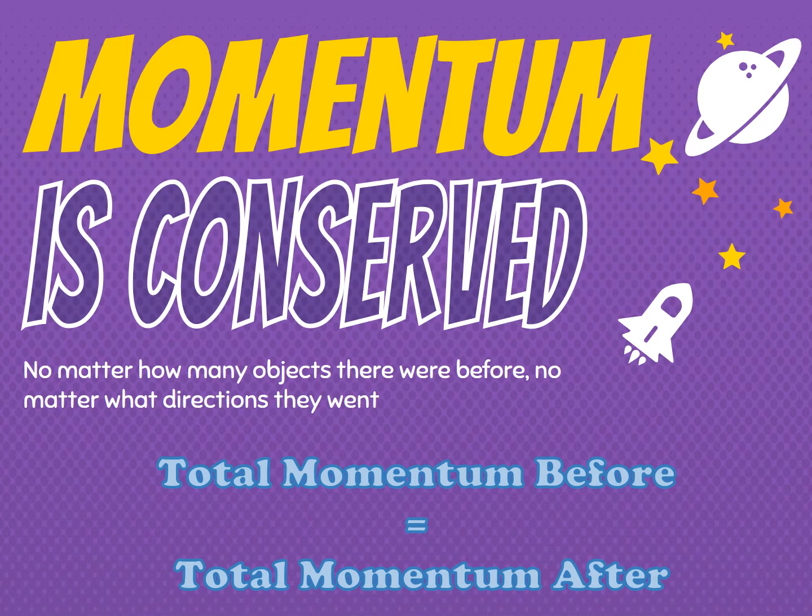Just like energy, just like mass, momentum is conserved. So the total momentum before any collision, any happening, will be the same as the total momentum after that collision, so long as we're taking into account all the pieces.